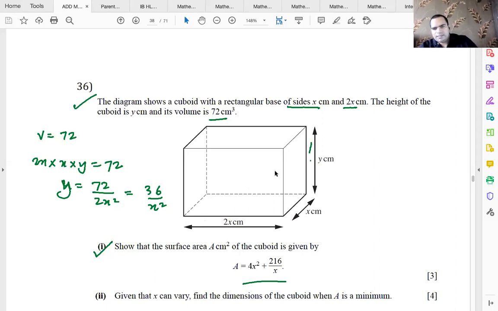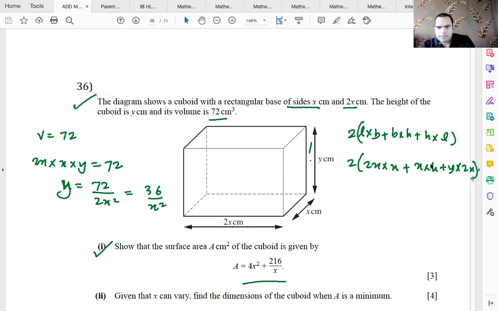Now the total surface area of any cuboid is given by 2 times (length times breadth plus breadth times height plus height times length). So let's see what we get. 2 times length times breadth, so 2x times x, plus width times height, which is x times y, plus height times length, so y times 2x.